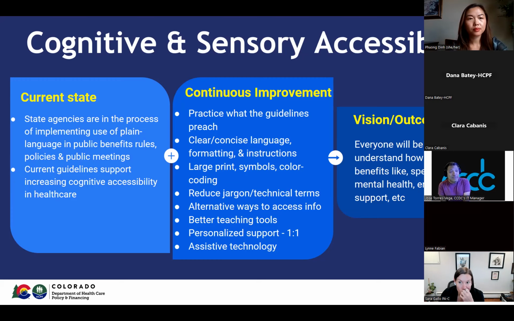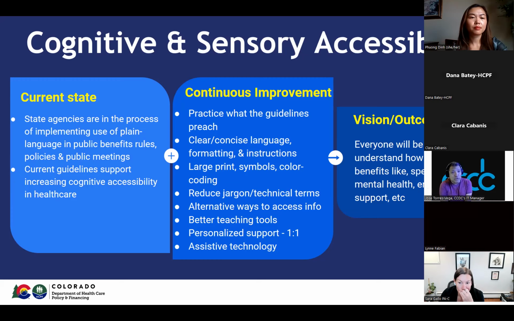Alternative ways to access information. So for example, when information is only available digitally, it hinders the ability of others to access that information, others that may not have access to technology, for example. And that's just an example.